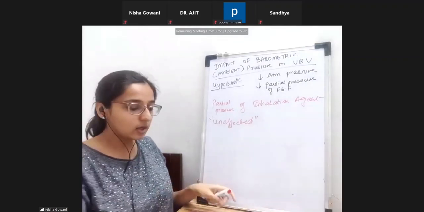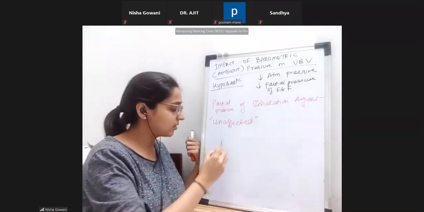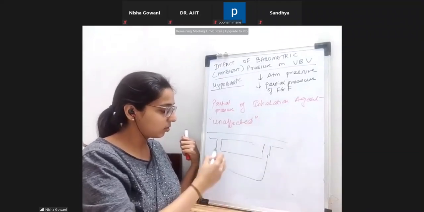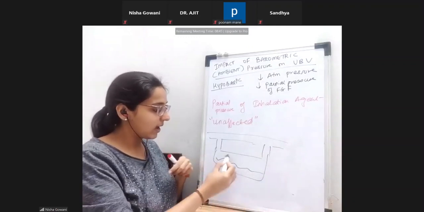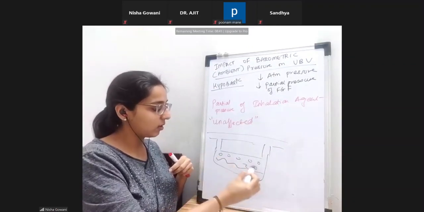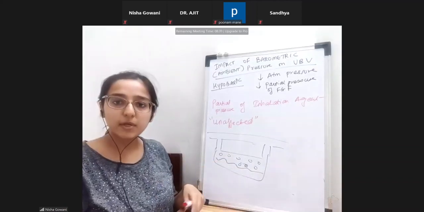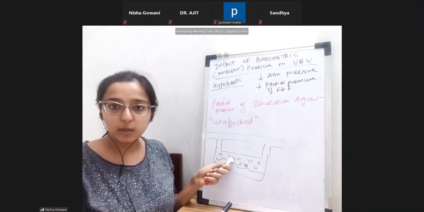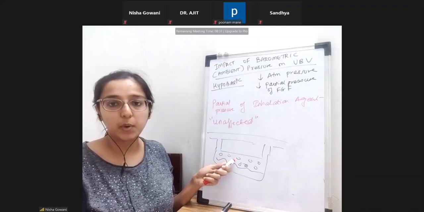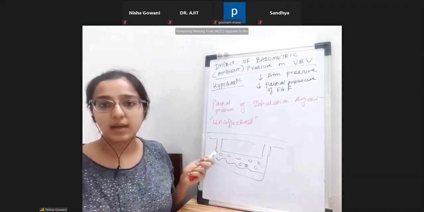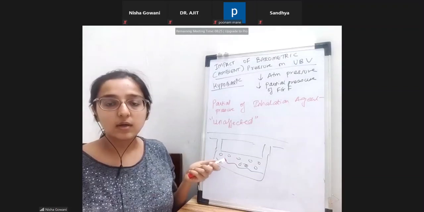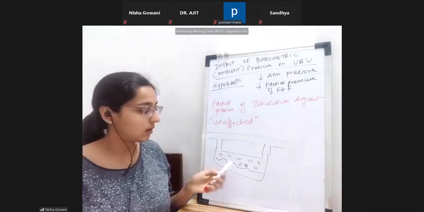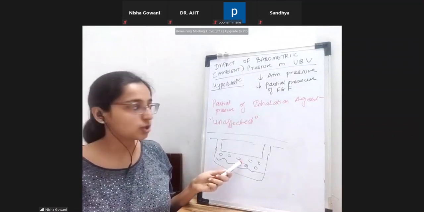What I mean is, I have the vaporizing chamber right over here, and I have the fluid, and these are the vapors of sevoflurane or isoflurane, for example. The saturated vapor pressure generated over here does not depend upon the ambient pressure. It does not depend upon my surroundings. Am I in a submarine or in the mountains? Whatever the pressure is outside, it doesn't matter. So this is independent of the ambient pressure. You need to remember.